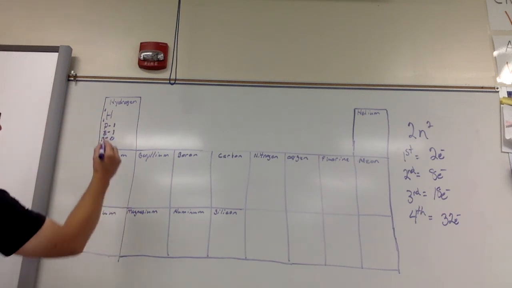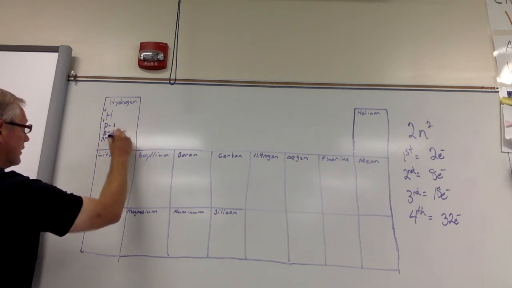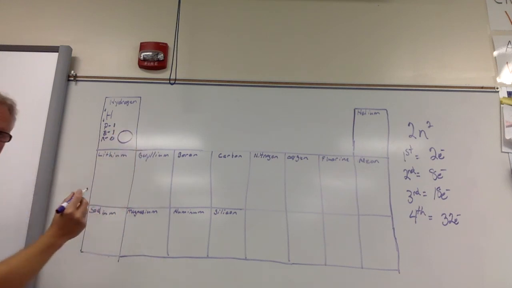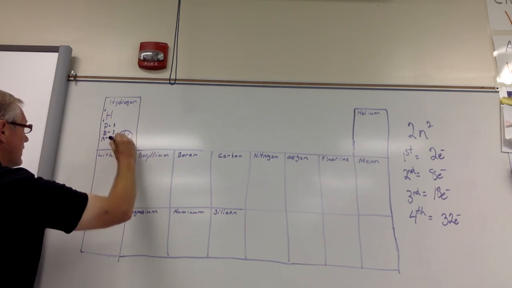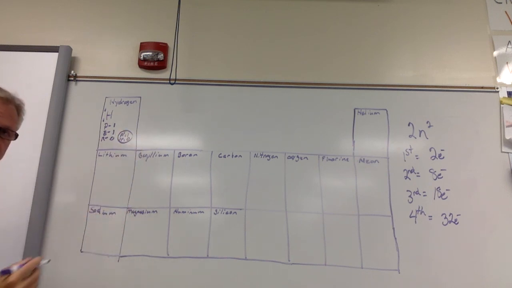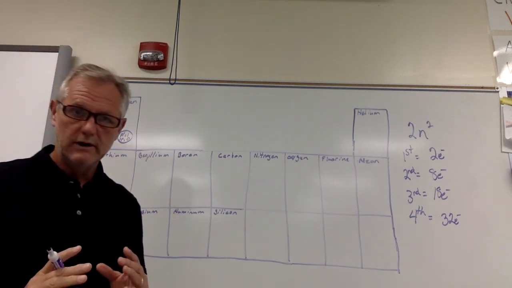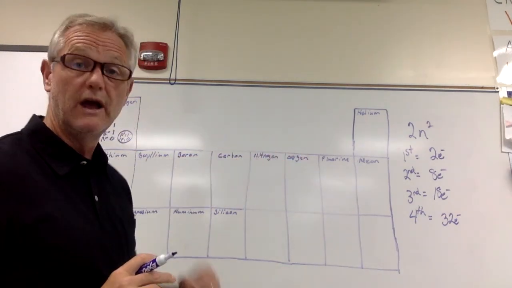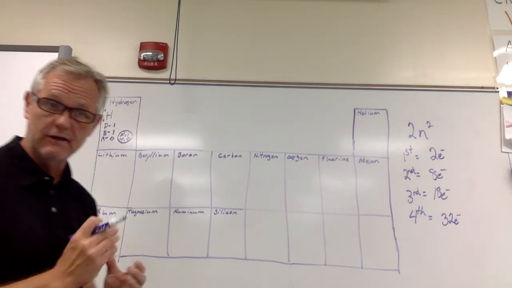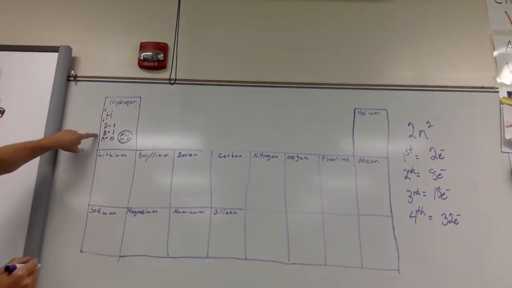Now I'm going to come over here and draw a nucleus. In my nucleus, I'm going to say the number of protons, which is a little p plus, is 1. The number of neutrons, which is a little n with a 0, in this case is 0. But what I'm doing in a Bohr diagram is paying more attention to the actual electrons in their orbitals. So how many electrons do I have?